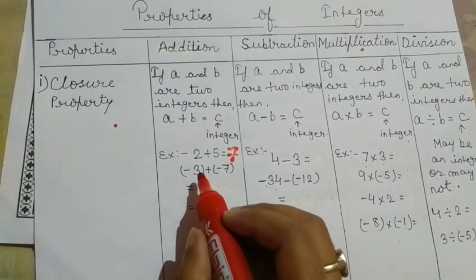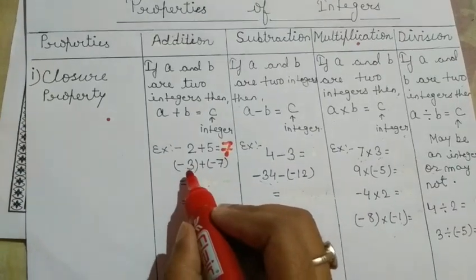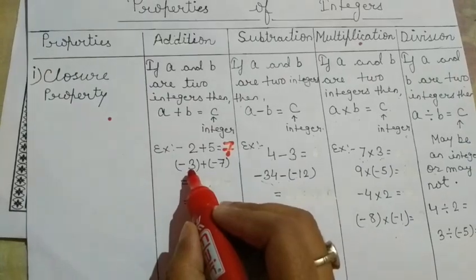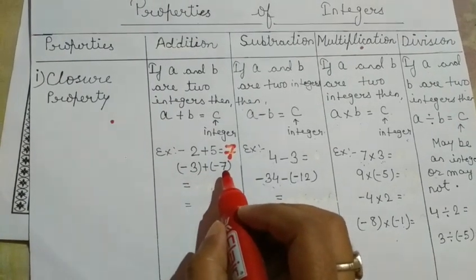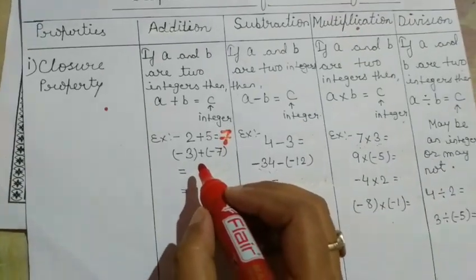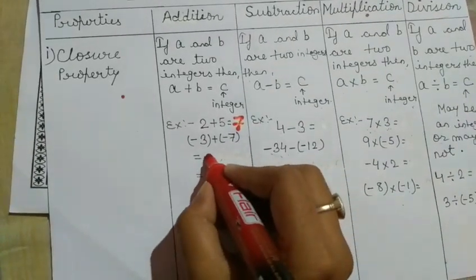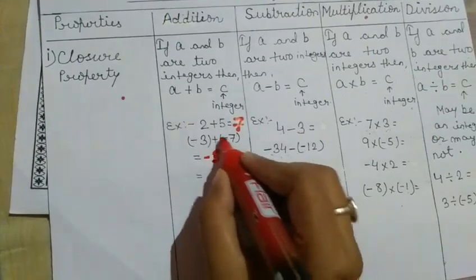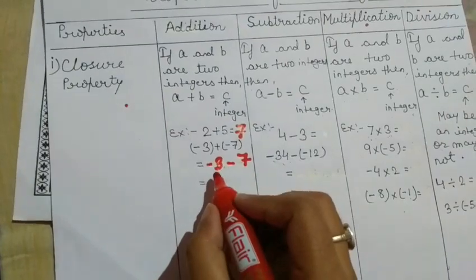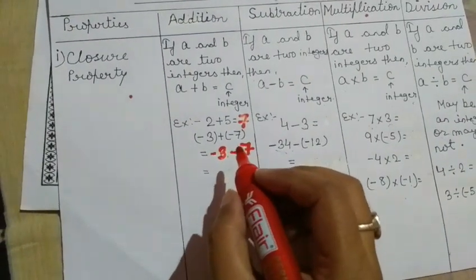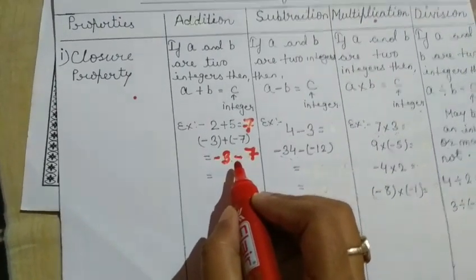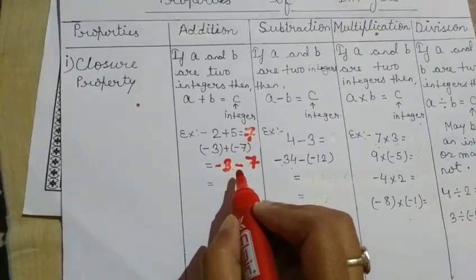Next number is minus 3 minus 7. We have to add both integers. Just check it here. Minus 3 plus minus 7. Again same sign, then we have to do addition.